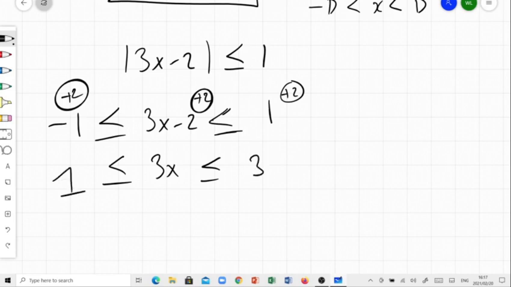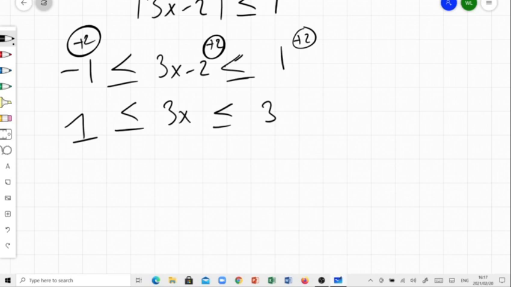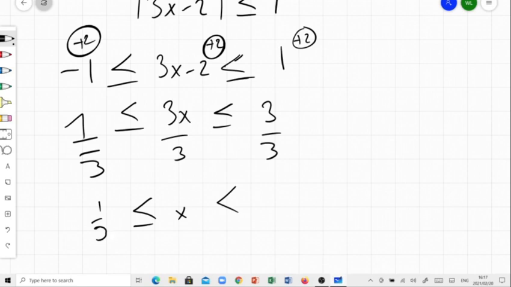Be very, very careful. Now we have to divide by 3, or multiply by a third, but division or multiplication by a positive number preserves the order. So if I divide by 3, the order is preserved and x must be between 1/3 and 1.